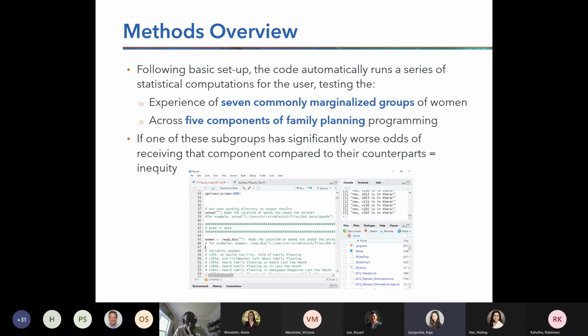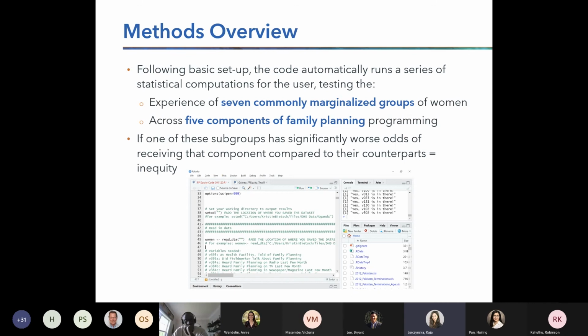After you do that in R, the code automatically runs a series of statistical computations for you, and it tests specifically the experience of 7 commonly marginalized groups of women across 5 components of family planning programming. And if one of these groups has a statistically significantly worse odds of receiving that component, it is considered an inequity. And you can see a basic screenshot from the software here.